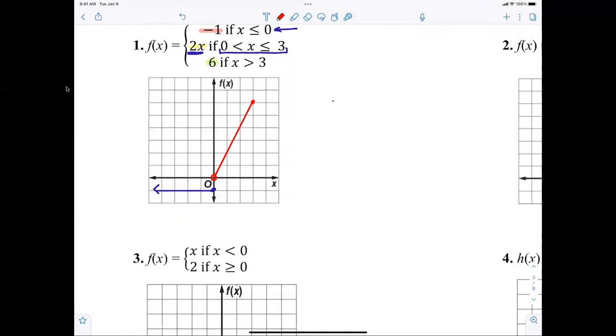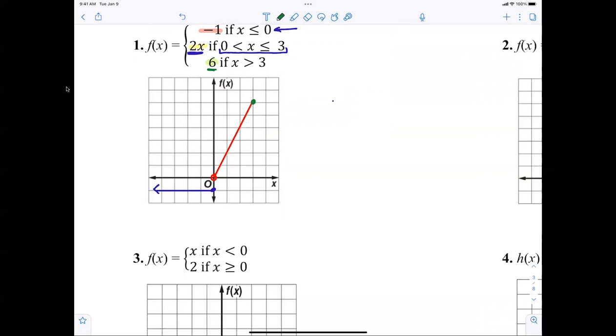Now, we went from 0 to 3. Now we're going greater than 3. Is there a first number greater than 3? No, so we just plug 3 in. If I plug 3 in, what do I get? 6. Every number is 6. So this is a solid dot at 3, 6.